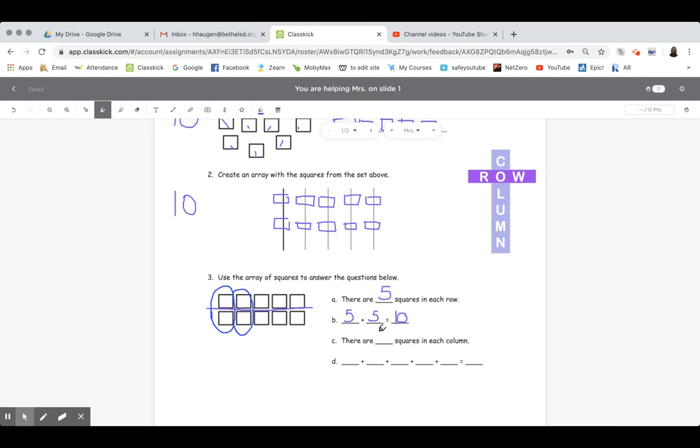Well, hopefully you said 2, which means my new repeated number is 2. 2 right here, plus 2 right here, plus 2, and that's these here, and then 2 more, and that's these 2, and 2 more, that's my last 2. So when I count those, 2, 4, 6, 8, 10, remember, because I'm not changing the total, my answer here should always be 10. Okay?